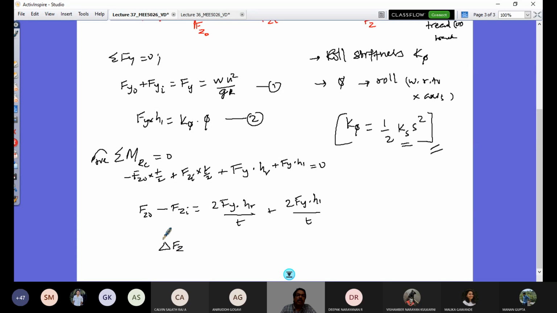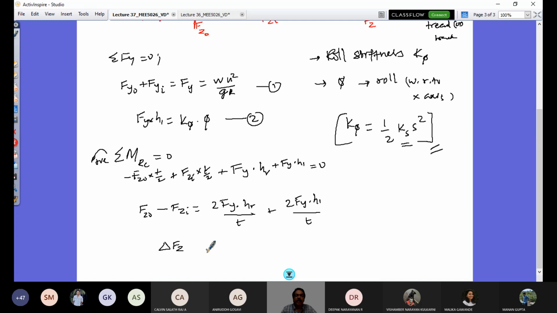So this delta Fz is for pair of wheels, so you have to remember this. There would be some confusion. Sometimes it is on one axle or it is both. So this is change in normal load.